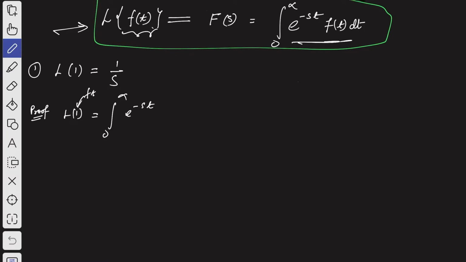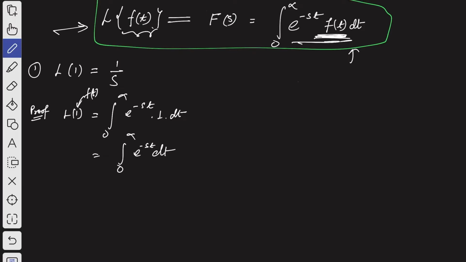This is f of t, right? So according to this formula, instead of f of t, here we need to write 1, then dt, right? So that means simply you can write integration 0 to infinity e to the power minus st dt.